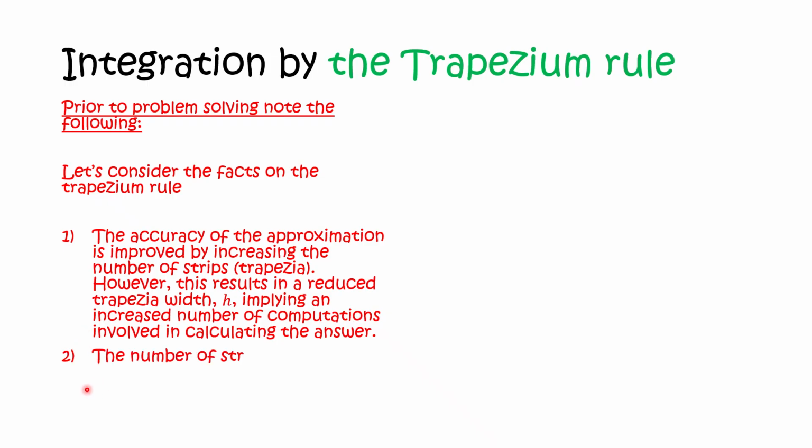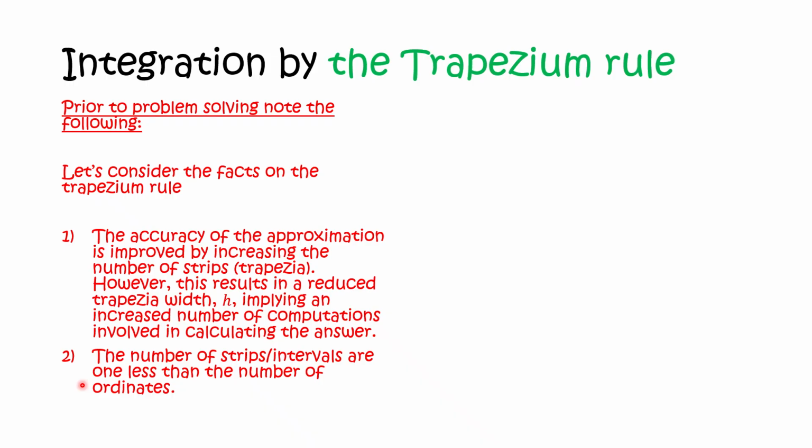The second thing is the number of strips or intervals or trapezia is 1 less than the number of ordinates. From the example that we spoke about, if you decide to have, say, 5 strips, then it means that you're going to have 6 ordinates because the first is y0 and the last ordinate is y5.